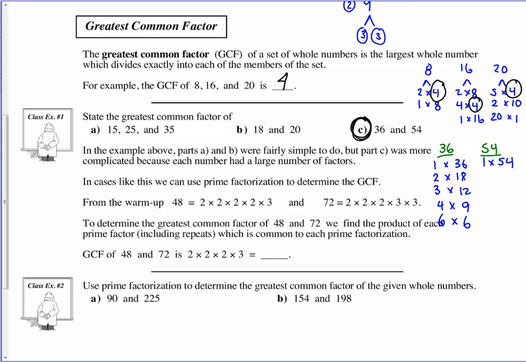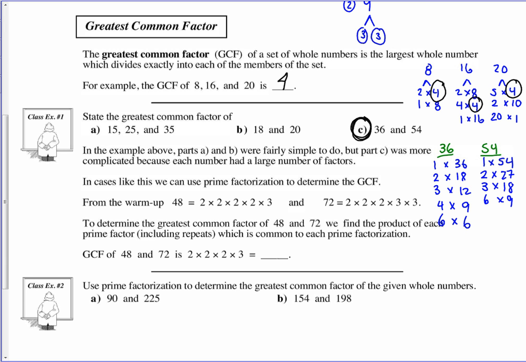Okay, 1 times 54, 2 times 27, 3 times 18, 4, does 4 go in? Nope. 5, nope, just 6. 6 times 9, are there any other numbers? So you just have to check 7 and 8, and they don't go into 54.